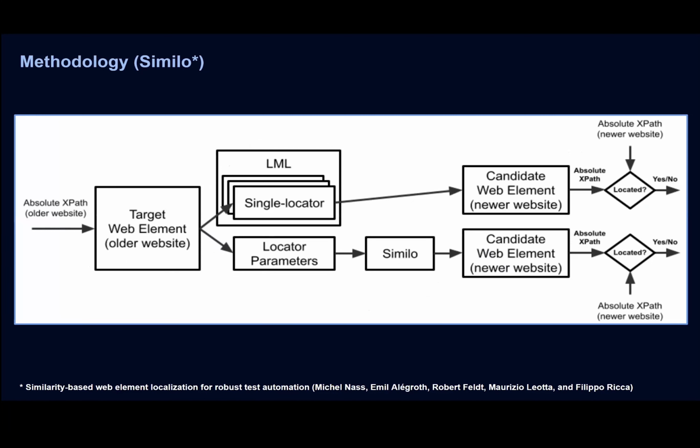So in this flow, we start by taking the XPath of the target in the old version, finding all the web elements, creating locator parameters, the 14 you saw in the comparison algorithm, feeding it to Similo and asking it to find the most similar one, and then taking the XPath from that and comparing it with the Oracle to see if it matches.